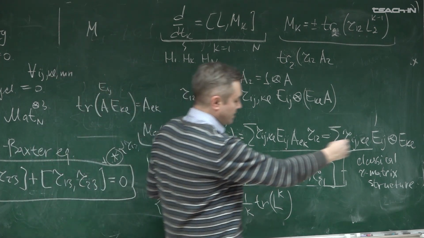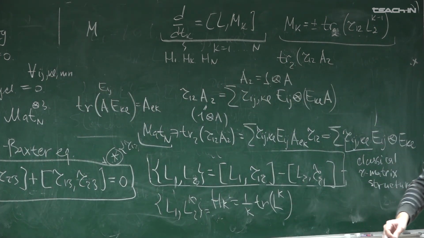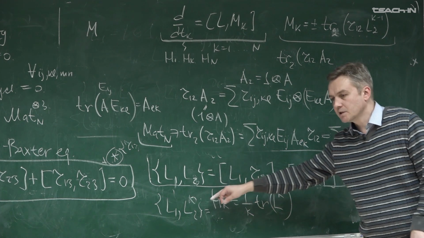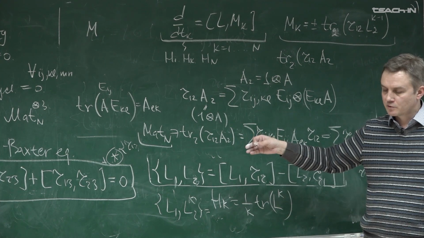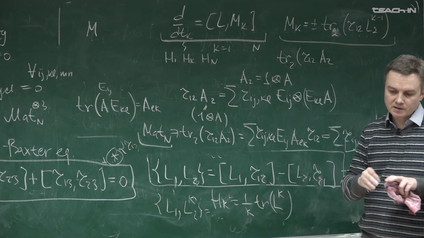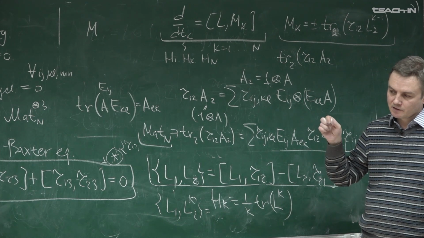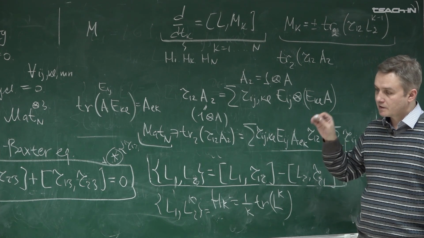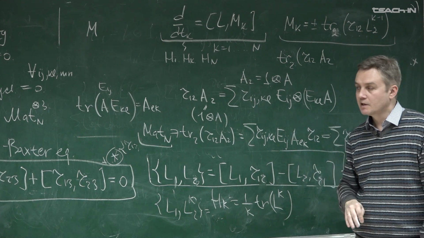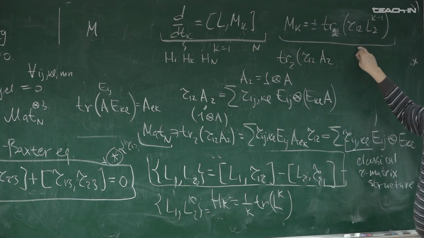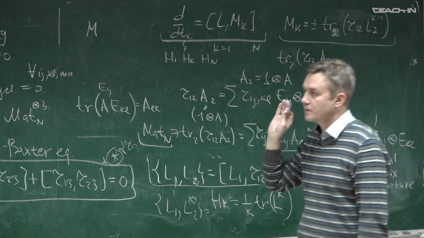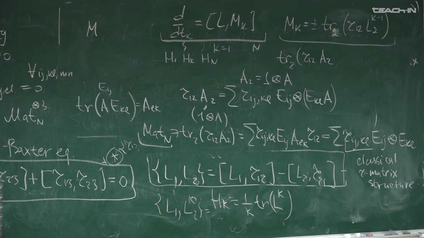Here you will have some large expression, because when you make this calculation, you use the Leibniz rule k times. So you will have a lot of terms, but all of them can be combined into commutators. And after taking the trace, many of them just vanish, and some of them appear in a commutator with this matrix. So it's also another exercise to do, but the statement is that if you have the classical R matrix, then you know a lot about your model.